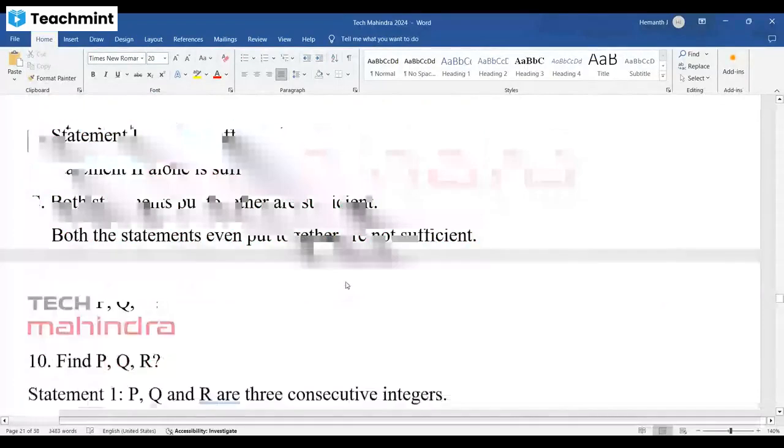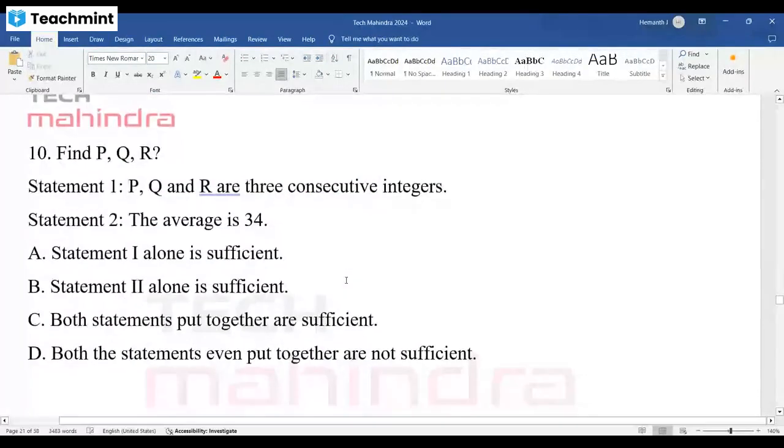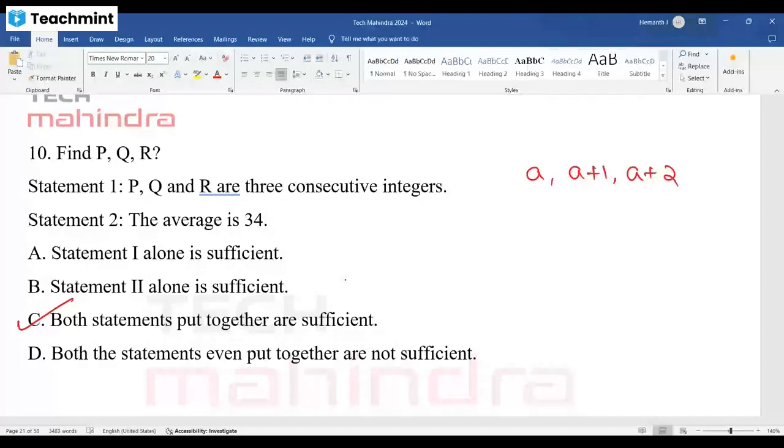Now find P, Q, R. This is again related to data sufficiency. P, Q, R are three consecutive integers. Average is 34. Put together you can go, because when there are consecutive integers, it is like A, A plus 1, A plus 2. They said the average is 34, which means when terms are in AP, the average is the middle term.